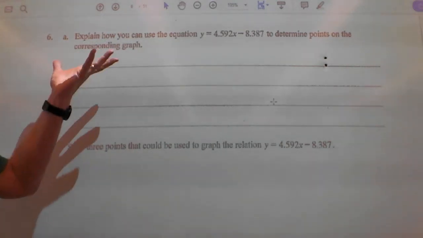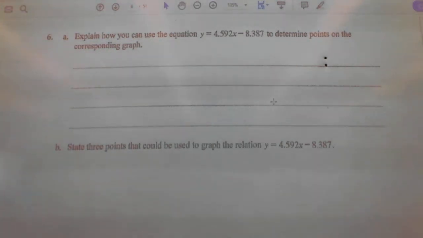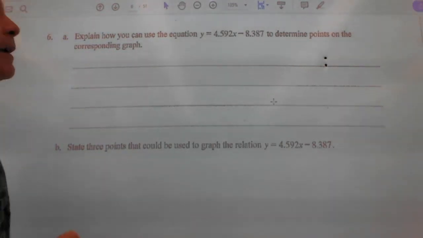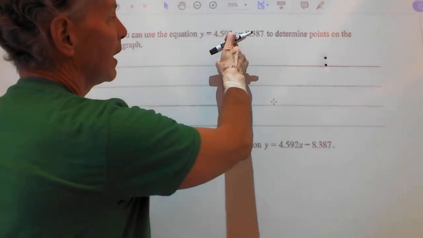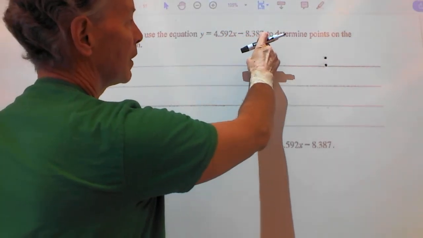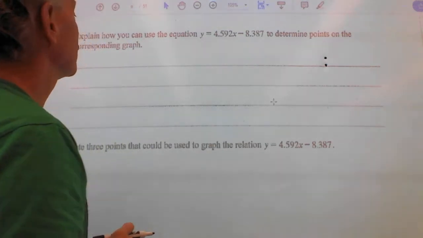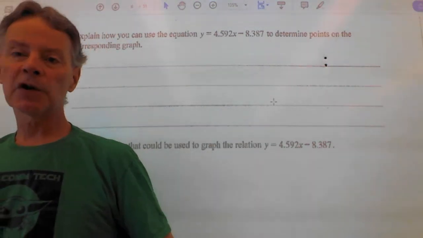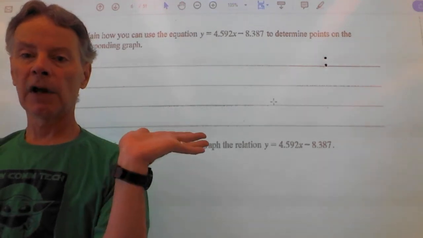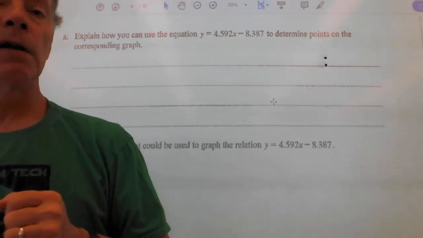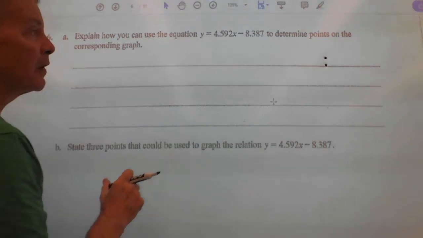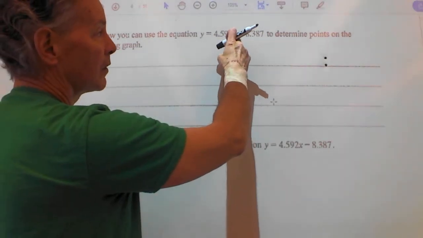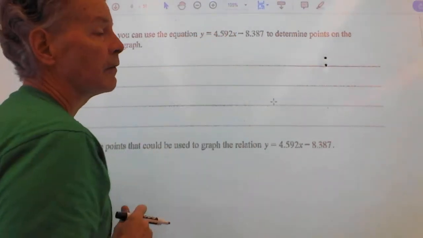Now, this one says, explain how you can use the equation y equals 4.592x minus 8.387 to determine points on the corresponding graph. Now remember, with the exception of perfectly vertical and horizontal lines, you can substitute any value for x and then get a corresponding value for y.